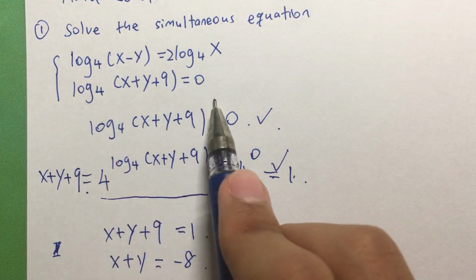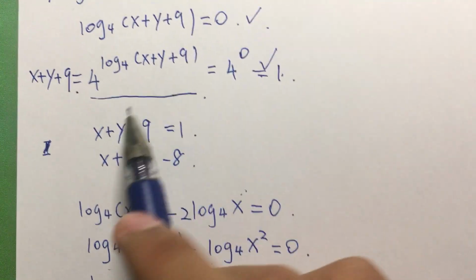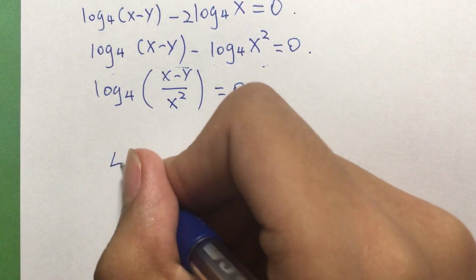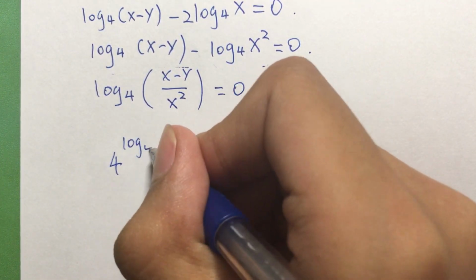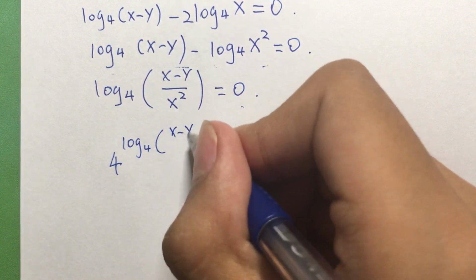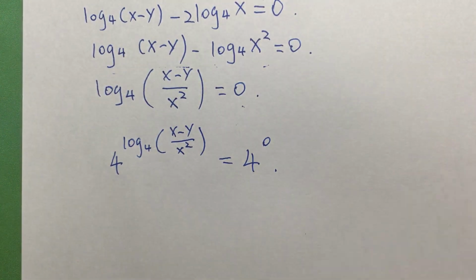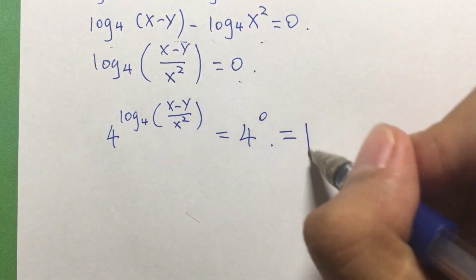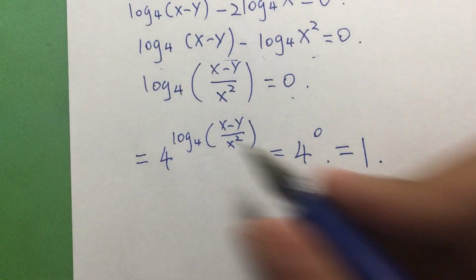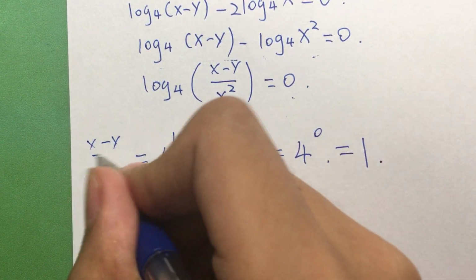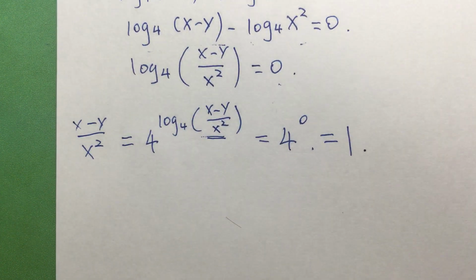Now the form is similar to this form. So we do the same thing we have just done here. We take 4 to the power of log 4 of ((x minus y) over x squared) equals 4 to the power of 0, and that equals 1. That equals this number, which is (x minus y) over x squared.